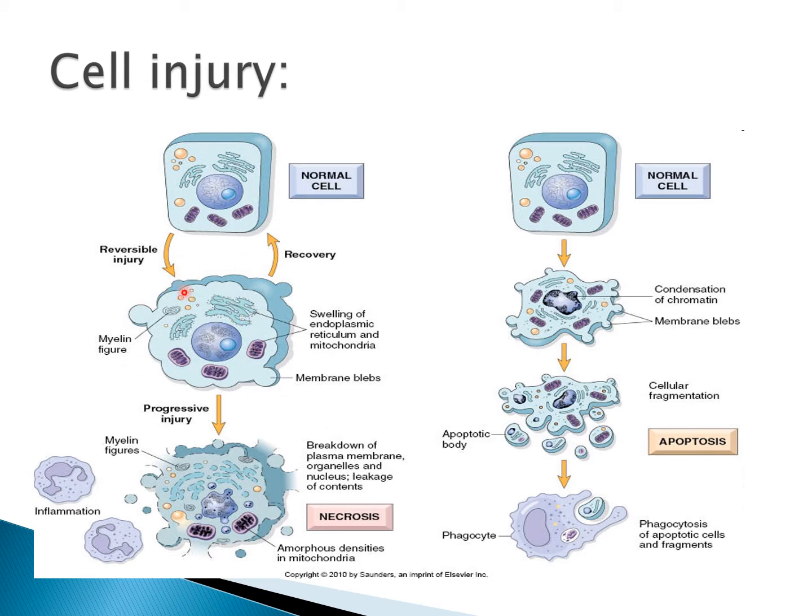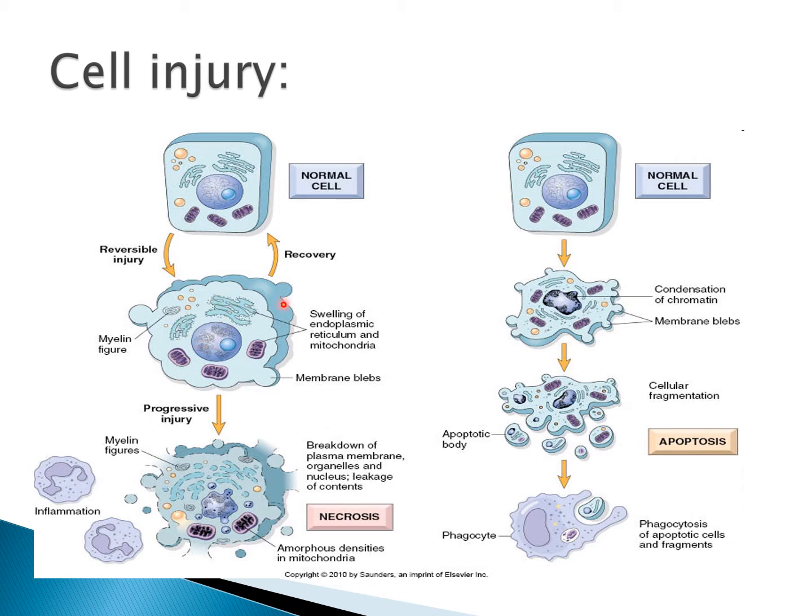These reversibly injured cells are non-functional. They lose function as early as possible. So the first thing to be lost after cell injury occurs is the function of the cell. Then start the ultrastructural alterations in these cells.